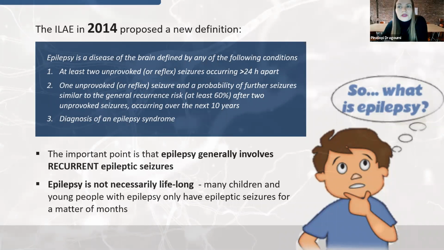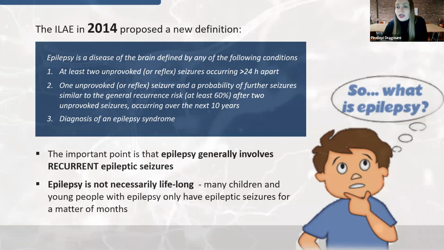Now, the important thing to bear in mind is that epilepsy involves recurrent epileptic seizures, but that doesn't mean in children that this is necessarily lifelong. So many children, actually most children and young people, will have seizures and active epilepsy just for a matter of months or years.